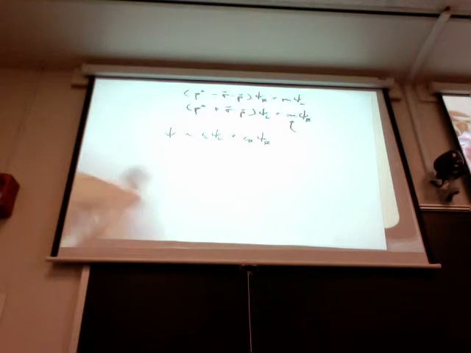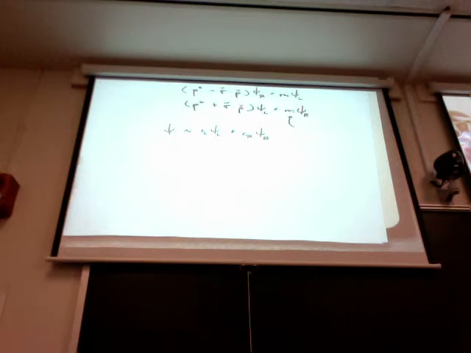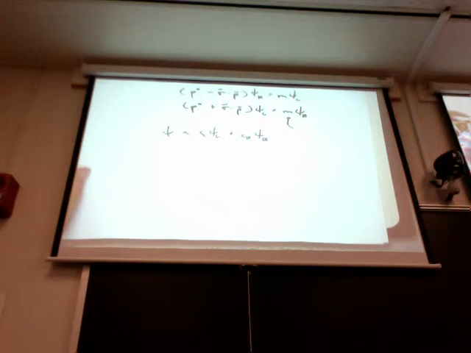In this case, psi is not an eigenfunction of gamma 5, because it's a mixture of the chiral states. So the chirality is not defined for the massive case.